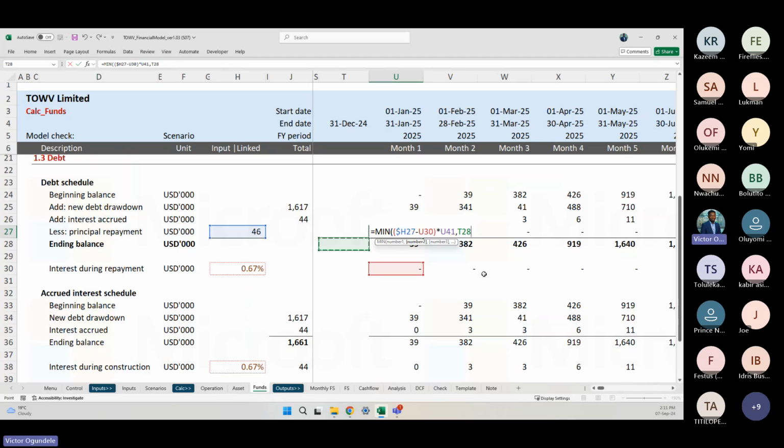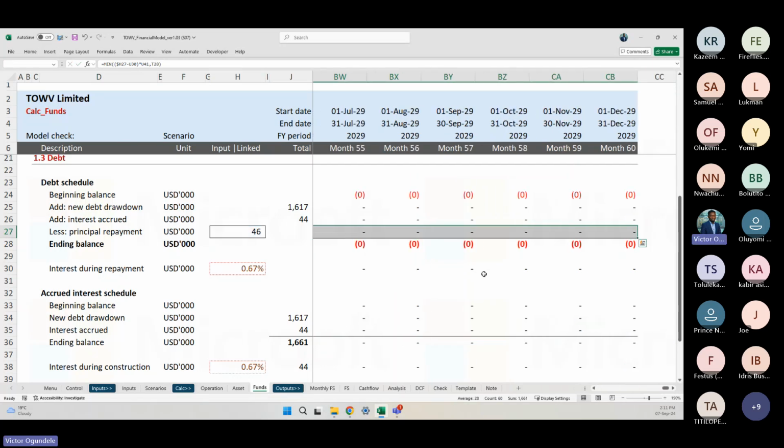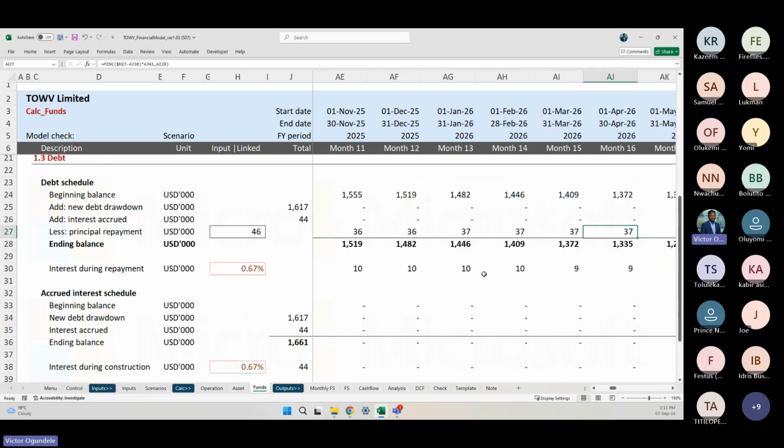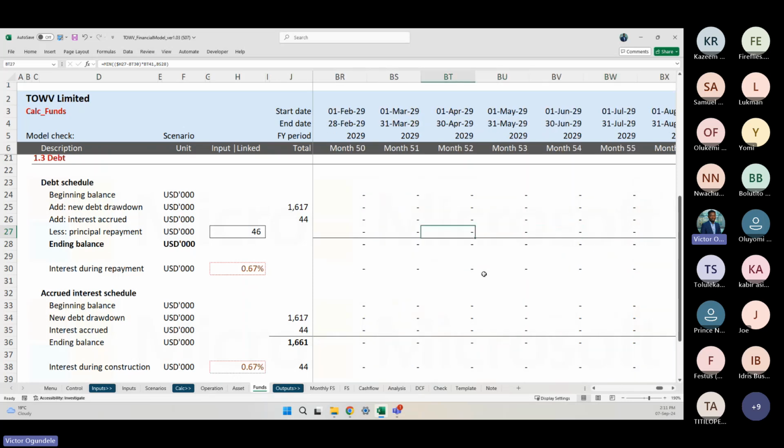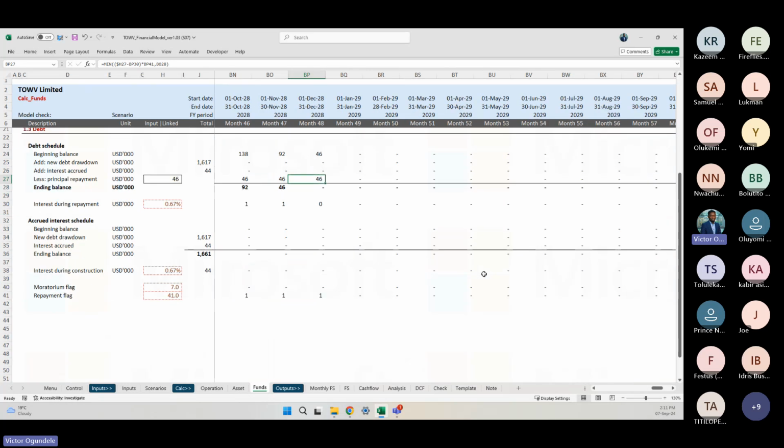Then close your brackets and press enter. If you drag that across, that will help us treat that rounding error and make sure everything is balanced and fully repaid at the end of the period.